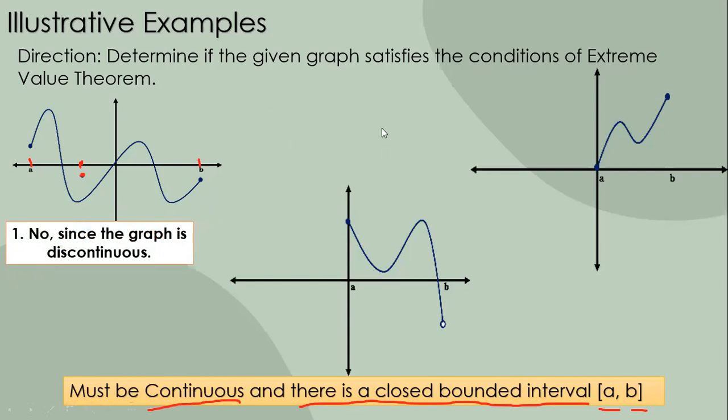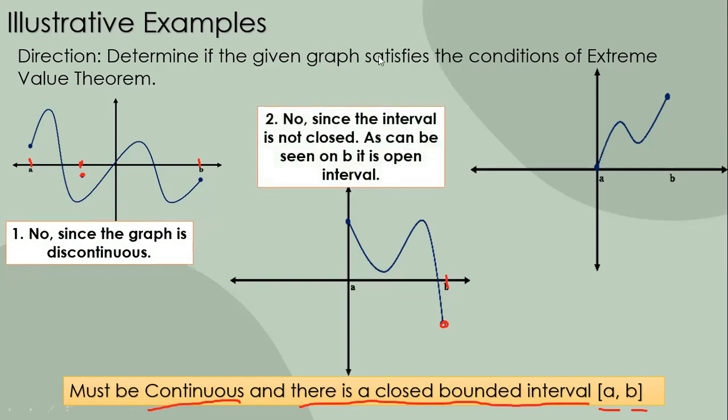So, number 2, makikita natin merong hole sa x is equal to b nag-occur. So, hindi na agad siya continuous. Okay, so since the interval is not closed, as can be seen on B, it is open interval. Okay, so dapat closed po siya.